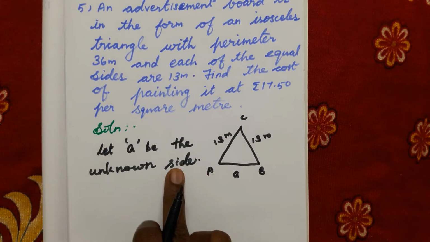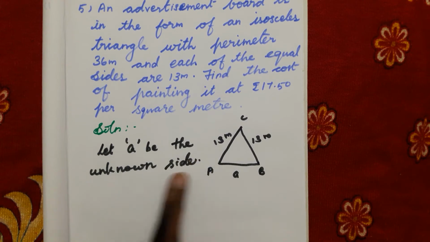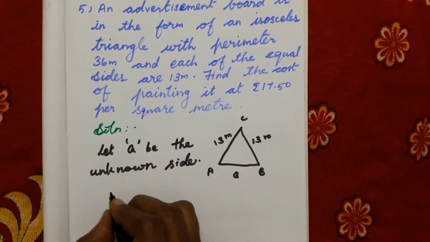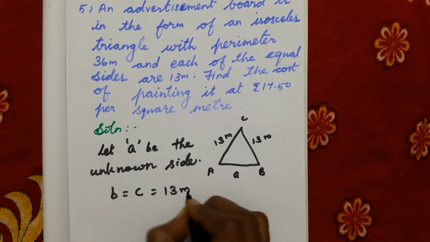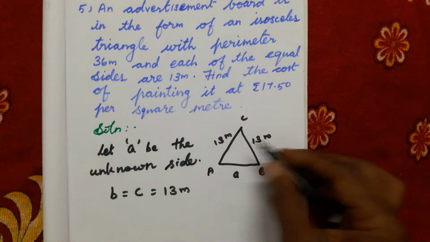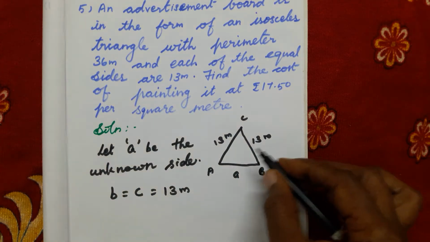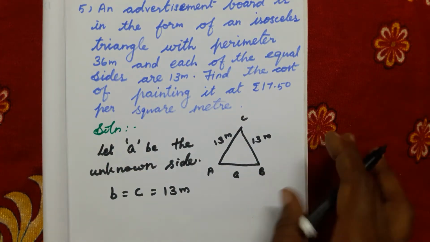Let A be one side. Next, let another two sides be B is equal to C is equal to 13 meter. Two sides are equal in isosceles triangle.